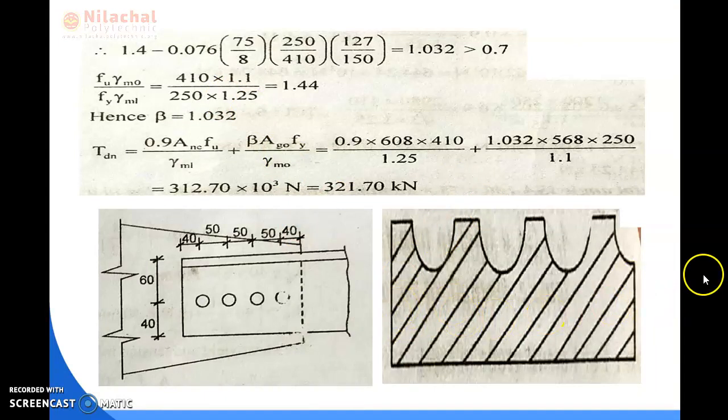So along the V line, in one portion, that means along the top portion, the block shear bolts are provided. So the number of bolts are here 1, again 1, again 1, and it is half of the half. So we will take this as 1 by 2. So the total number of bolts is 3.5.